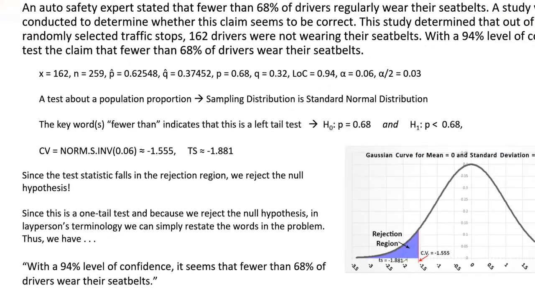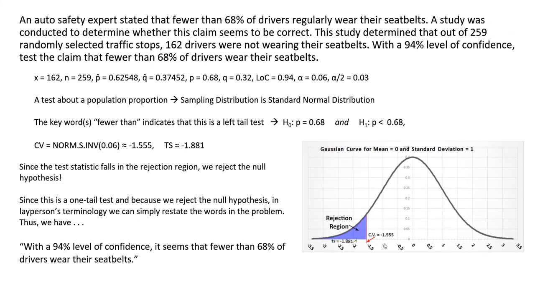Let me go back to the graph. And here we are on the graph where my test statistic is negative 1.881 right down here. Critical value negative 1.555. The test statistic is obviously in the rejection region.